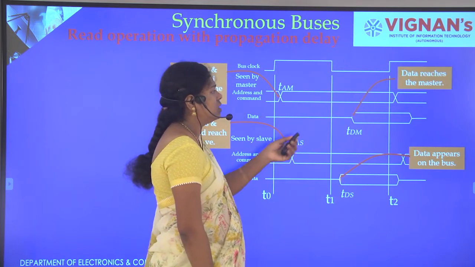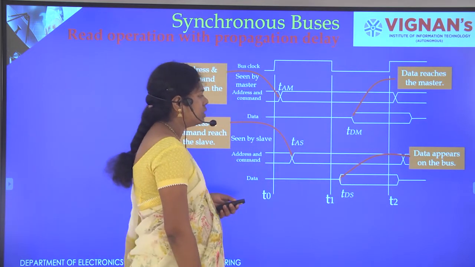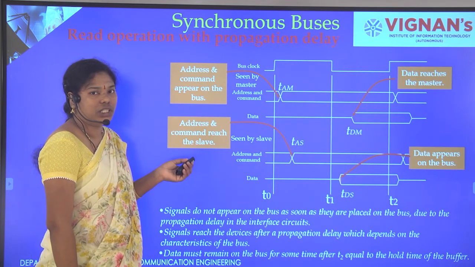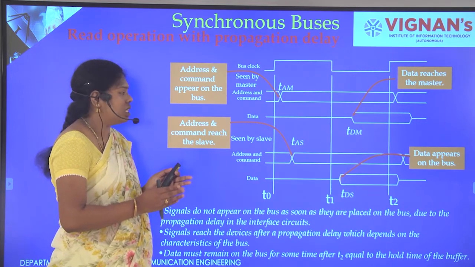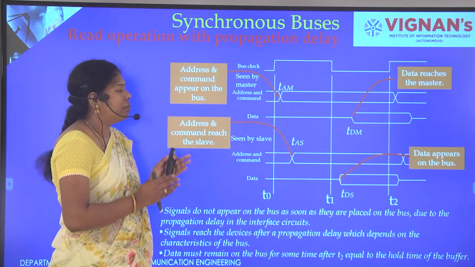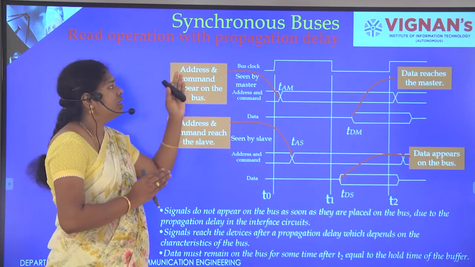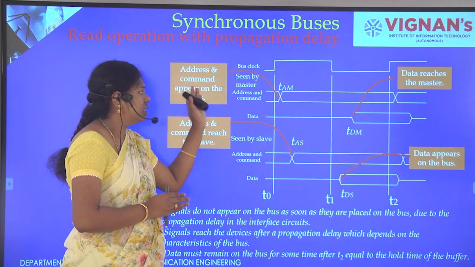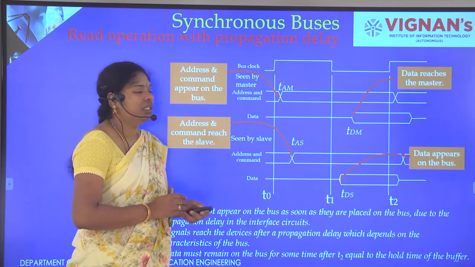The data reaches the master with some delay, that is TDM. In the previous ideal representation, at the instant of time we have the signals, data and command, but in the practical scenario there is a propagation delay, TAM, so it is not at the instant of T0; it will take some delay.